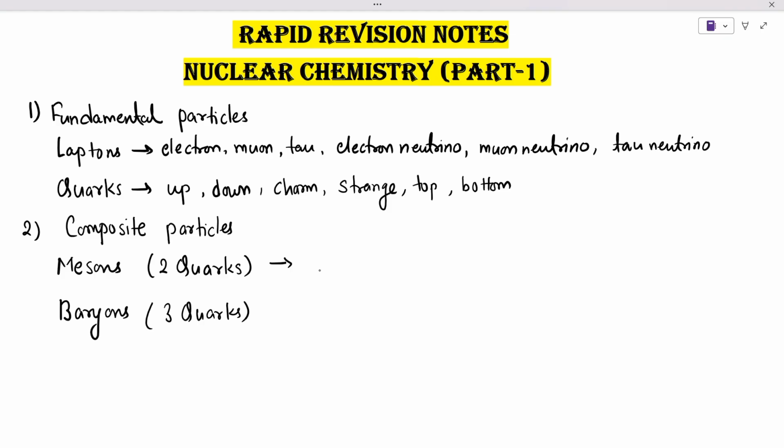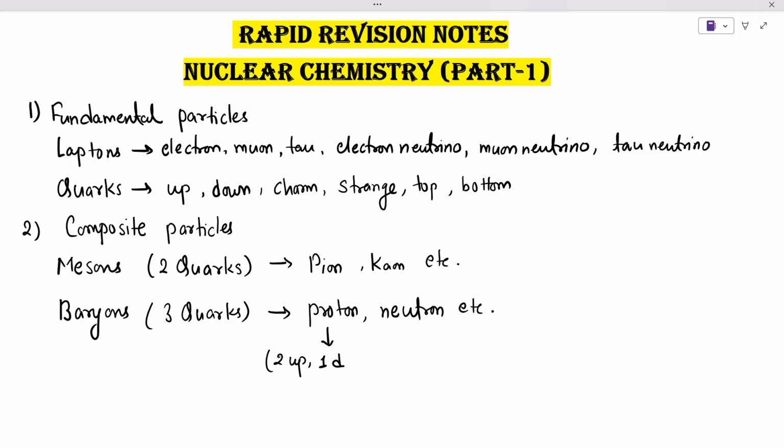We have examples of mesons: pion and kaon, etc. Similarly, we have some examples for baryons, like proton, neutron, etc. Proton is made up of three quarks, two up quarks and one down quark.